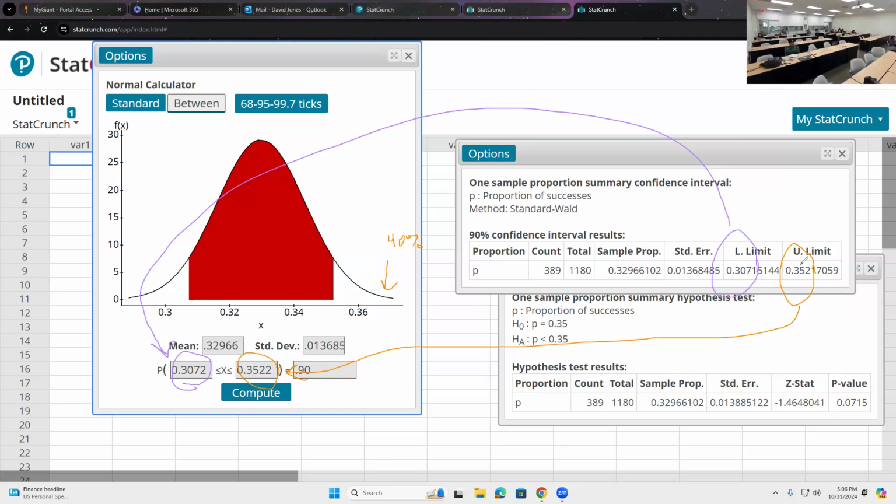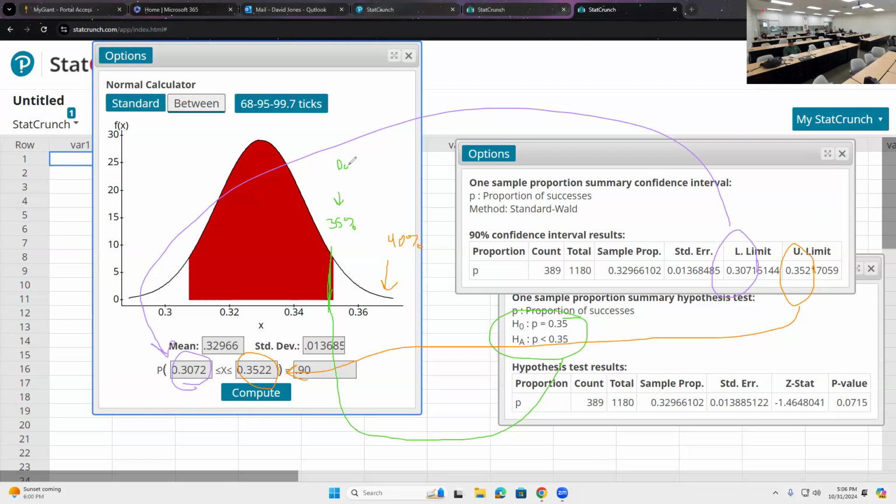Notice 35%, what I said here. 35% is just barely inside, it's right there. So by the confidence interval reasoning, we wouldn't reject 35%.